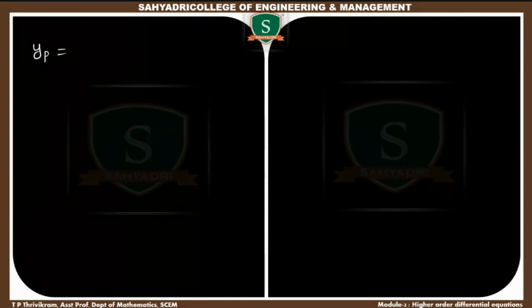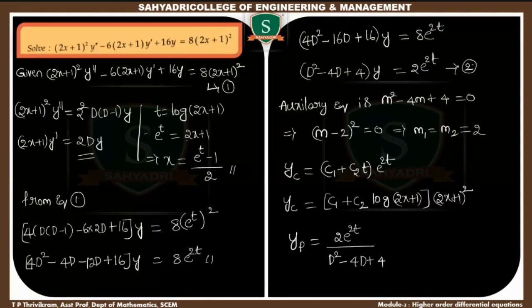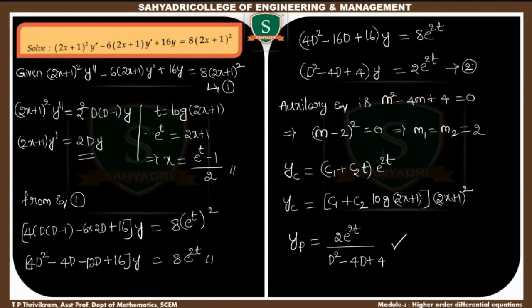Yp is equal to 2 e power 2t divided by, so type 1 kind of solution. In type 1, what is the x quotient here? 2. So 2 you need to substitute in the place of d. But the problem is if you substitute 2 in the place of d, what happens? You are getting 0.